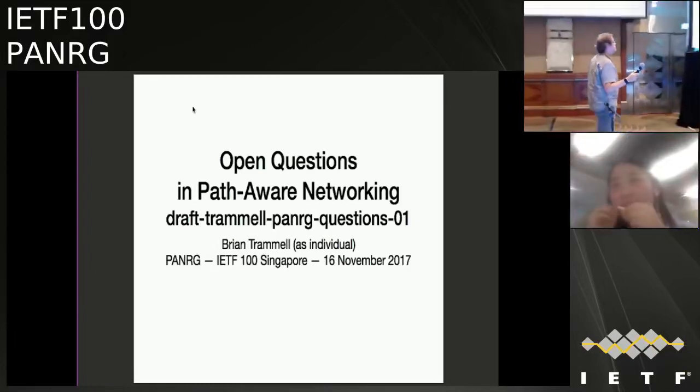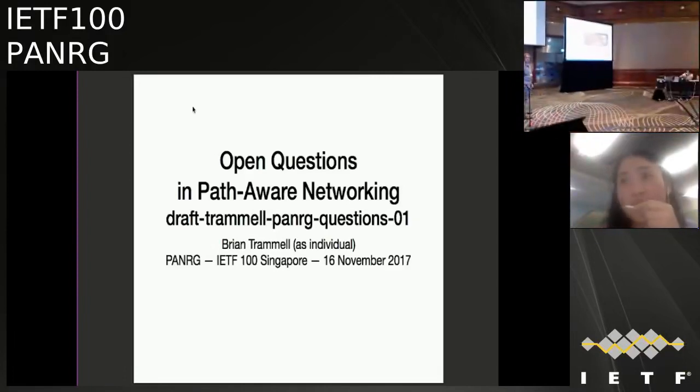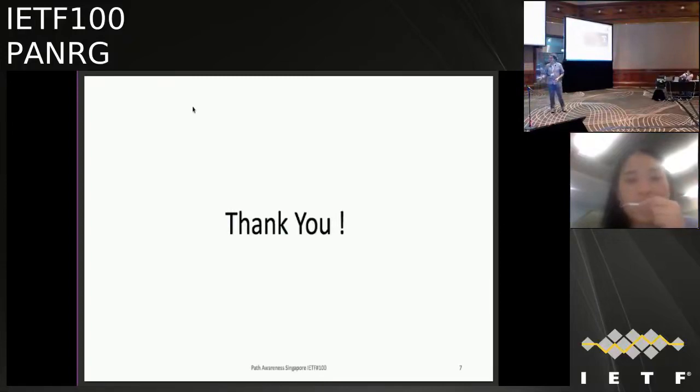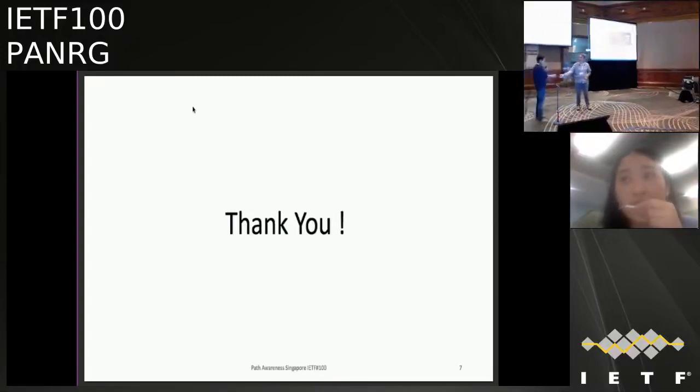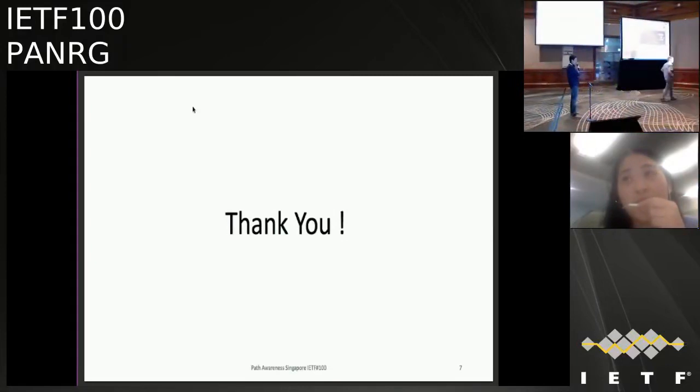Hi, can you hear me? About page 6, which said that when the application wants to control the path properties, I think this might be unfair, because what if more than one application wants to control the path properties? How would the network do the resource allocation?